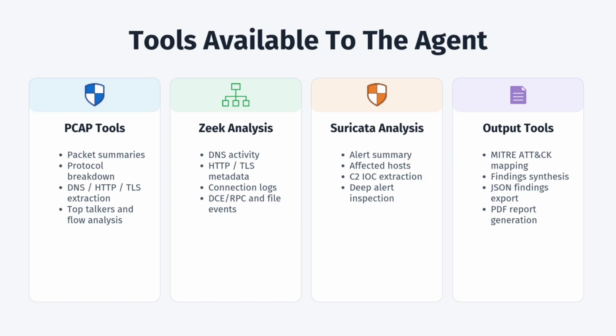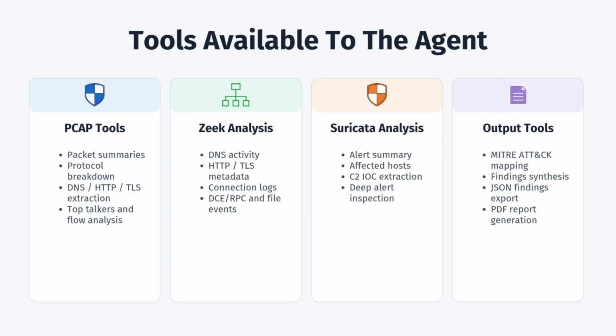Our agent has access to a wide range of tools as shown, which we can group into categories. First, there are the packet capture tools that use TShark to extract information such as protocols used, DNS queries, HTTP requests, as well as summaries of top talkers and anomalies in the traffic. There's also flow analysis built on NFStream, which helps detect port scanning, beaconing, and data exfiltration.